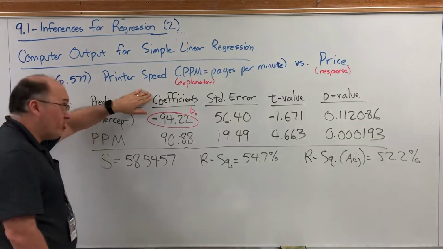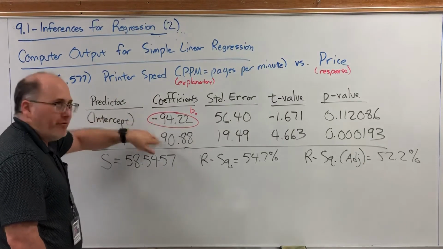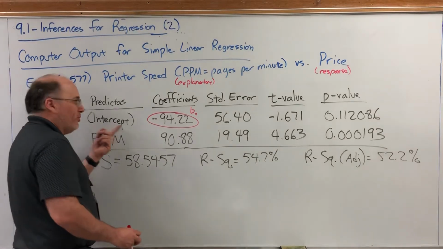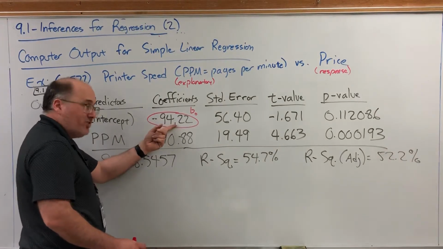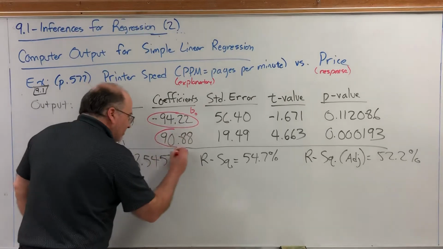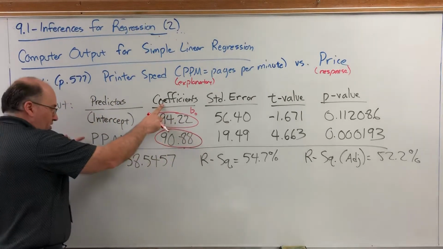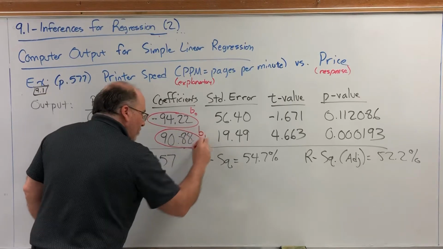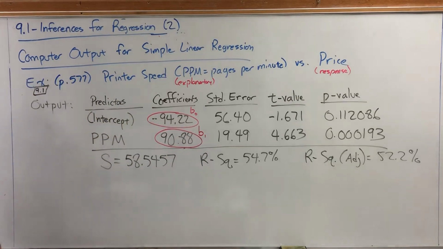In the coefficients column are the numbers that are in front of those predictors. Now, the intercept has no variable, so this is not in front of anything, it's just your intercept. But the coefficient of the explanatory variable is here. This is your slope.